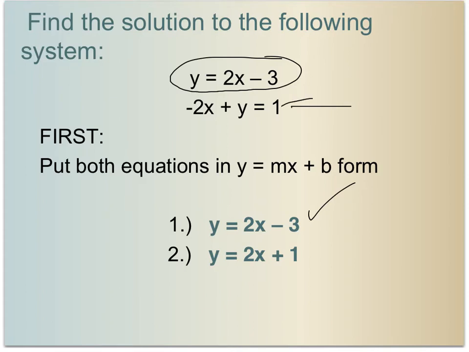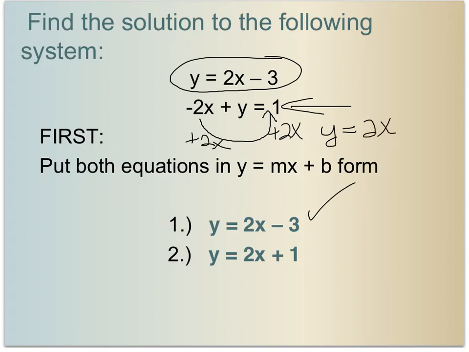But this one, I need to do a little rearranging. I need to bring this 2x over and insert it right in there. That's no big deal. I just need to add it to both sides. So if I add the 2x to both sides, I just take y equals, I add 2x plus 2x, and I'm inserting it over here, positive 2x.